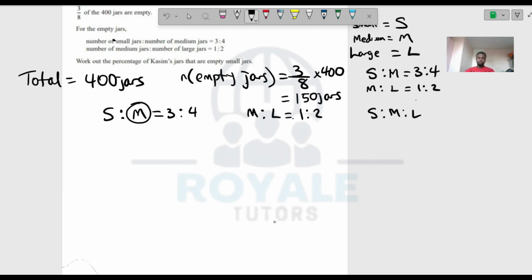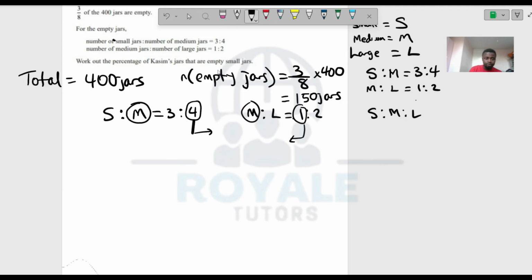M is common to them. And what ratio is attributed to M? On the first one, you have 4. Then for the second one, you have 1. What you need to do is to take this ratio and use it to multiply everything on this side, while you take this ratio to also multiply everything on this side.